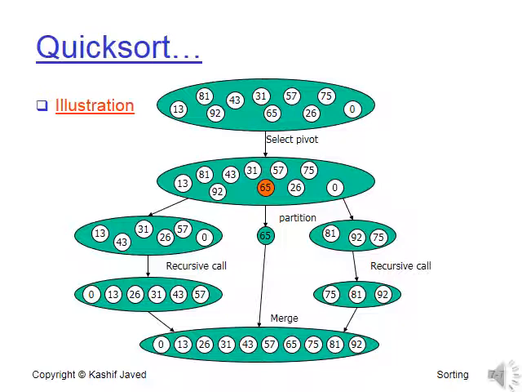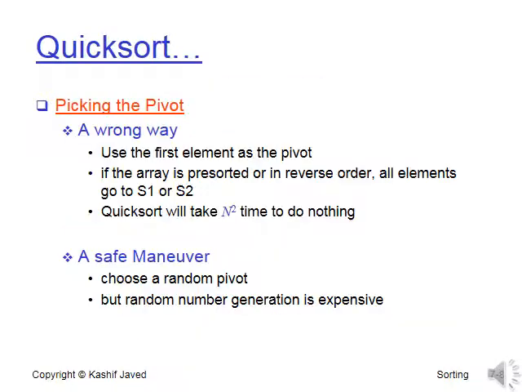Now we will recursively sort the left subarray, which contains elements that are less than the pivot, and the right subarray, which contains elements that are greater than the pivot, until all the elements are sorted. Then merge the two subarrays to get the full sorted array.